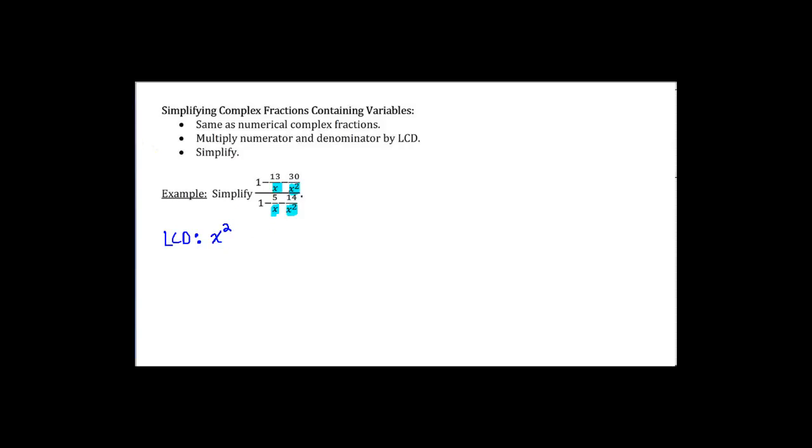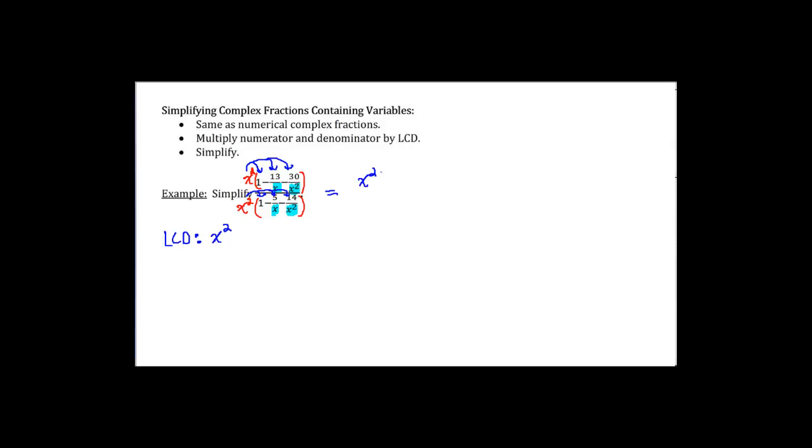So we're going to multiply our numerator by x squared, and we're going to multiply our denominator by x squared. When we do that, we set ourselves up for the distributive property in both the numerator and the denominator. So I'm going to write it out.